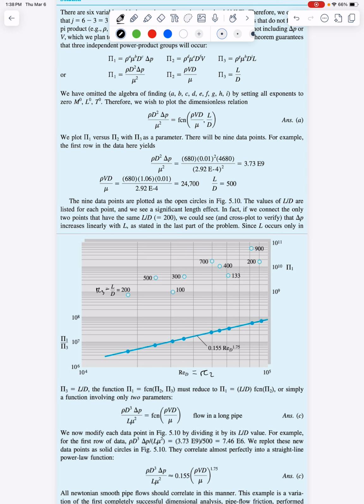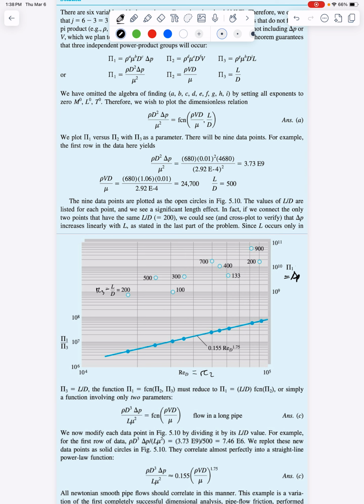We have pi 1, which is some non-dimensional form of delta p. And delta p is being determined by pi group 2, which is your flow characteristics, and flow characteristics is being varied. We also have pi group 3, which is the pipe geometry, and pipe geometry is being varied.